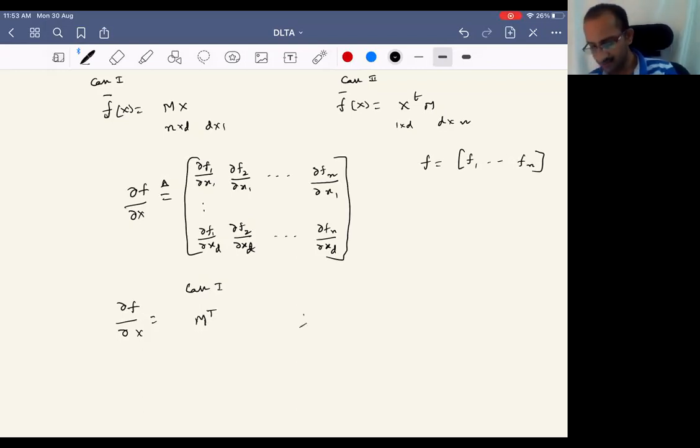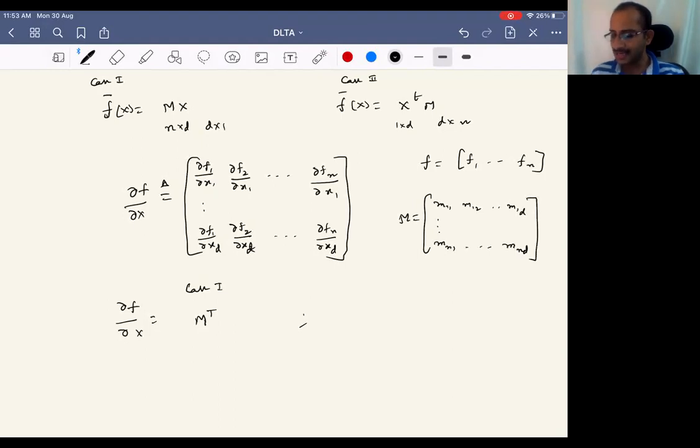Those who did not explicitly solve it, just write it in terms of M11 x1. You can define matrix M as M11, M12, and so on up to M1d, and then Mn1 up to Mnd. Then multiply and compute whatever is needed. You will see that it is M transpose.